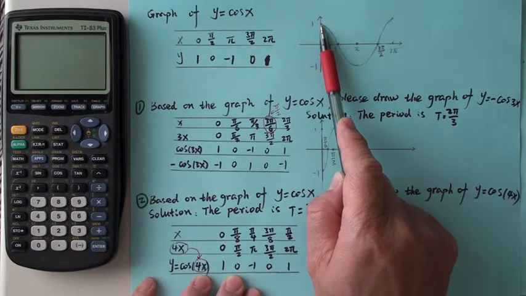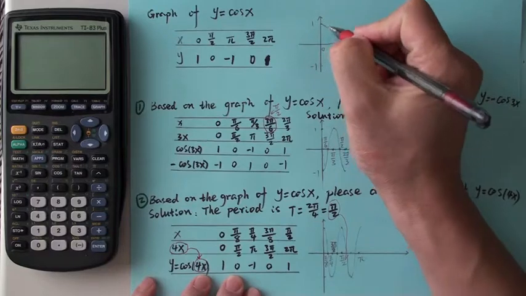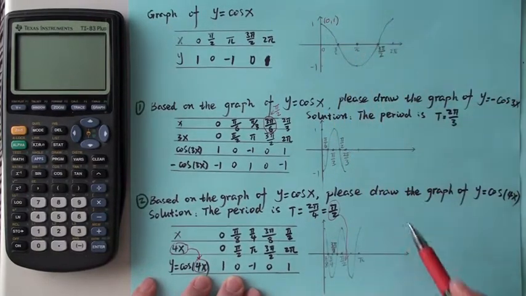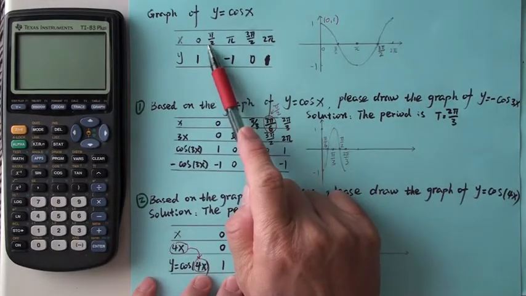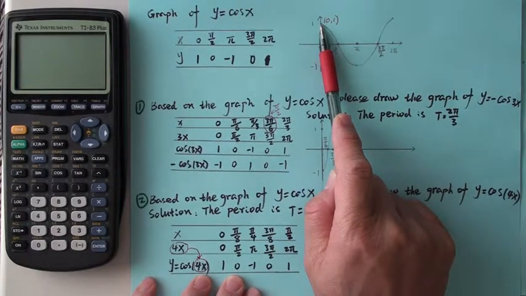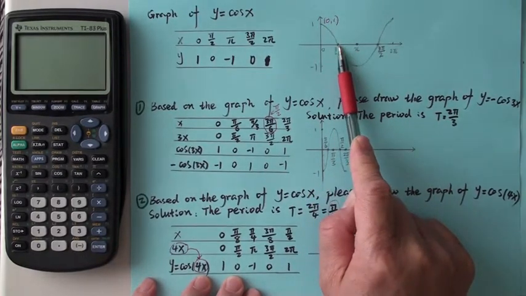Remember, this point is a starting point. You may write this is (0, 1). It means for cosine x, the starting point starts at (0, 1) from here, and then it goes down.